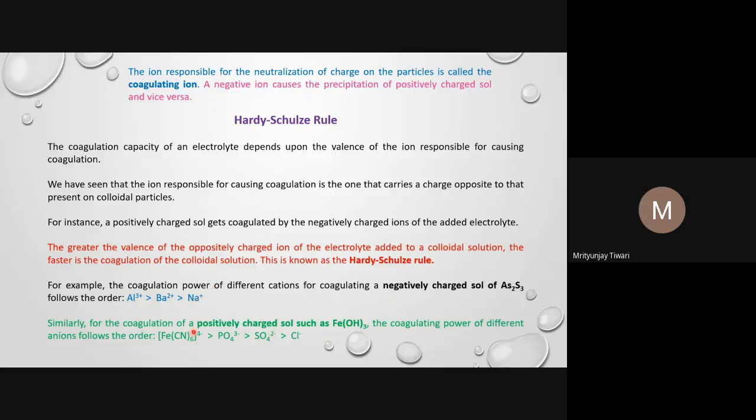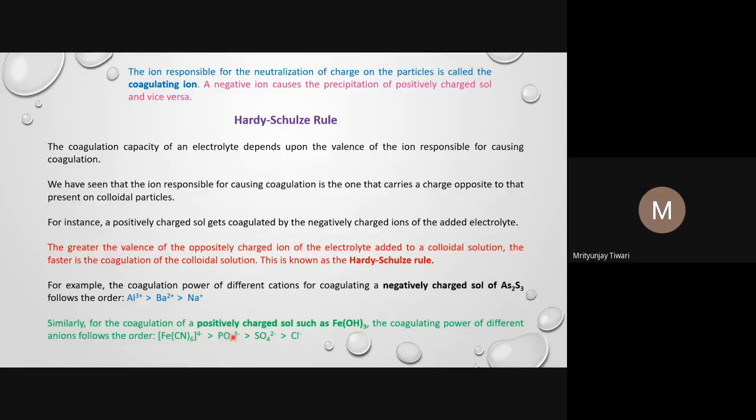Similarly, for the coagulation of a positively charged sol we require negative charge ions, and one can follow the same order for negative ions as well. For positively charged sols such as Fe(OH)3, the ferric hydroxide sol, the coagulating power of different anions follows this order. Hexacyanoferrate has 4 negative charge, so its efficacy will be most.